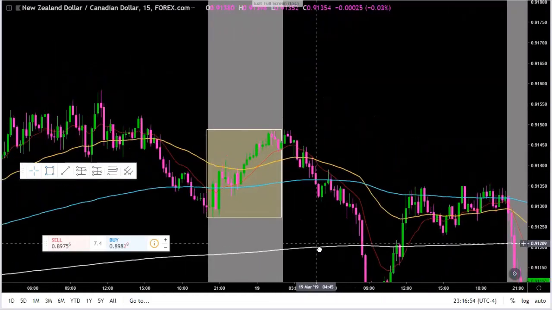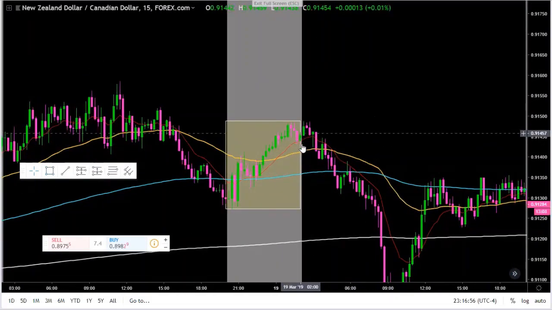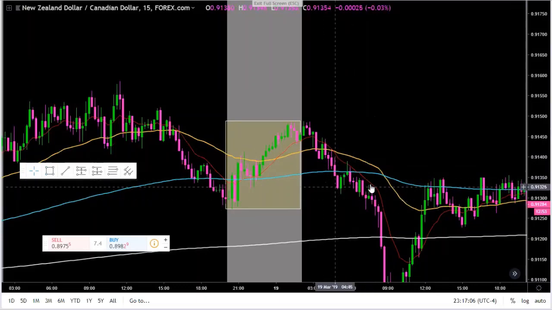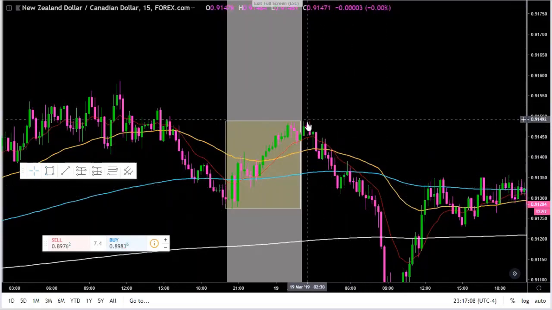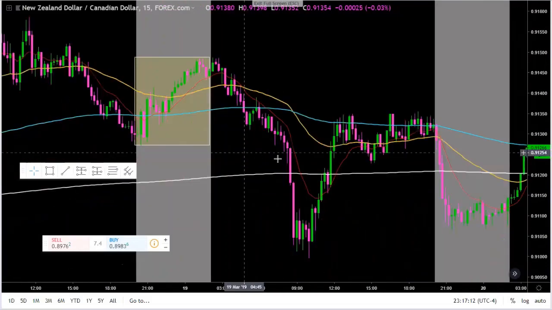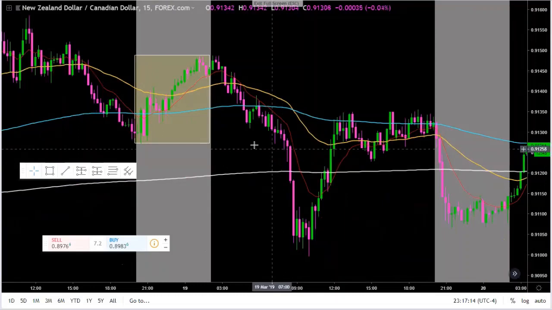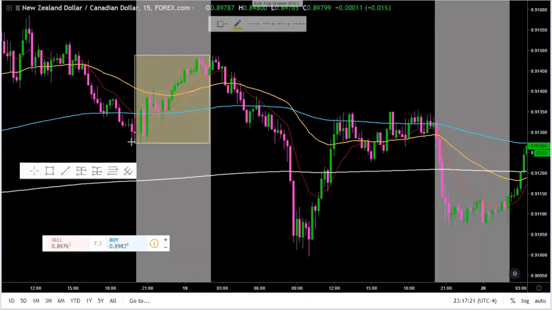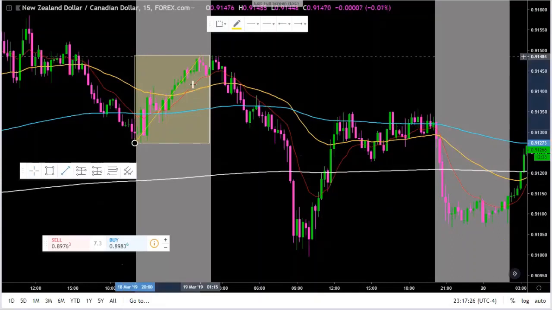And so with this box, this ends at 2 a.m. and the London session starts. So I trade certain patterns out of the box. We have an M here, which would essentially be a double top, but I trade only in this time zone.